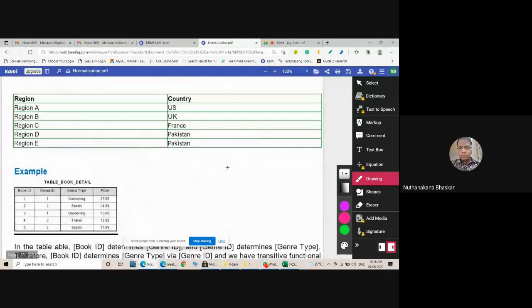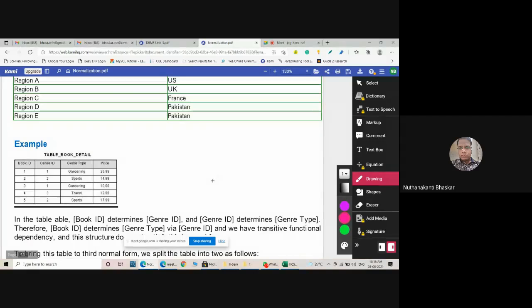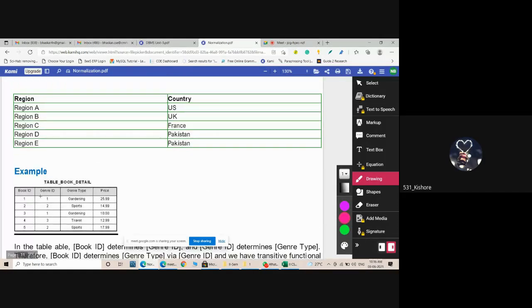The last example for this third normal form. Here book ID, genre ID, that is series ID and genre type, what type of book it is, and the price. Now tell me the functional dependencies here. Type depends on ID.